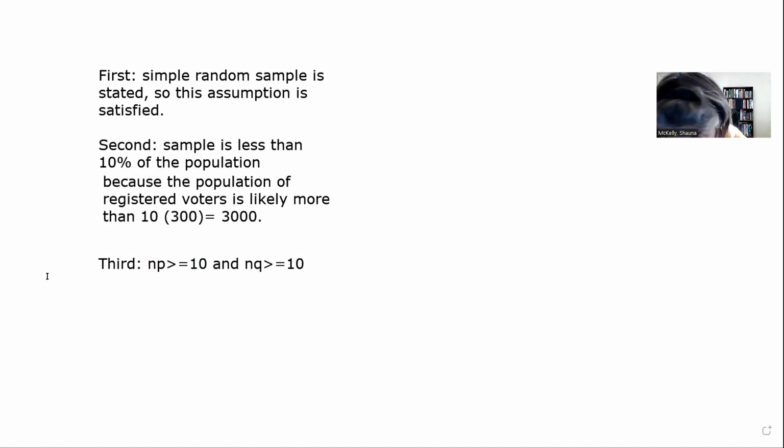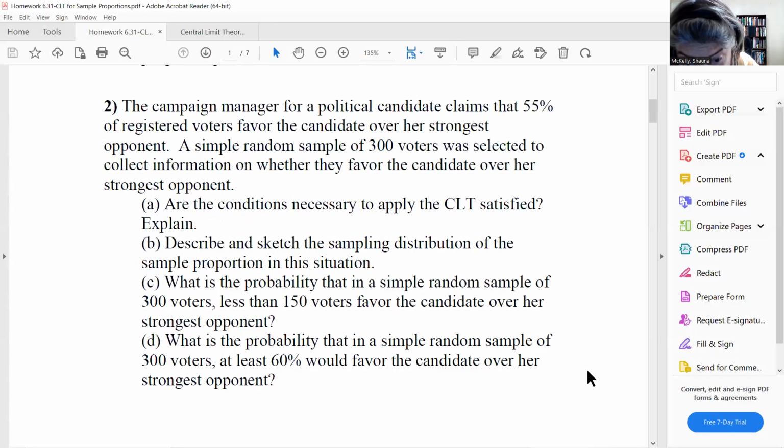So here we have n is 300. Your percentage, your p is 55%. That's the people who favor your candidate. The people who don't favor your candidate is the complement, 1 minus 55%. So we're going to do that right now.